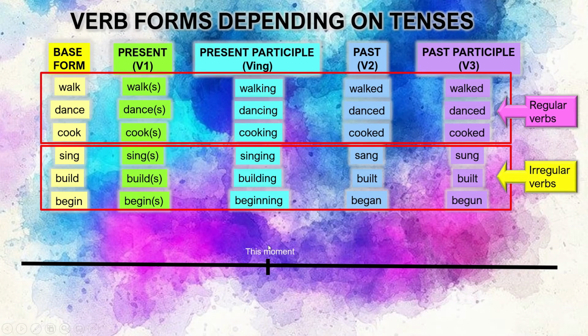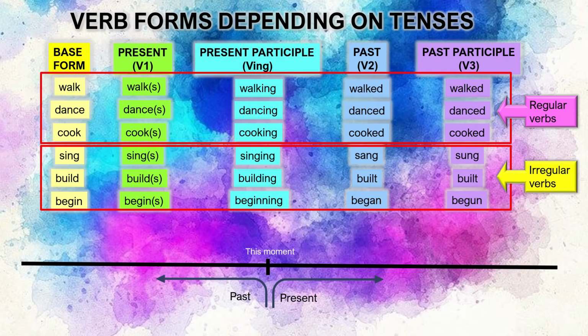You have to think that anything that happened before this moment is called the past, and anything that happens after this moment is called the present. You have to distinguish whether the action happened in the past, present, or future.